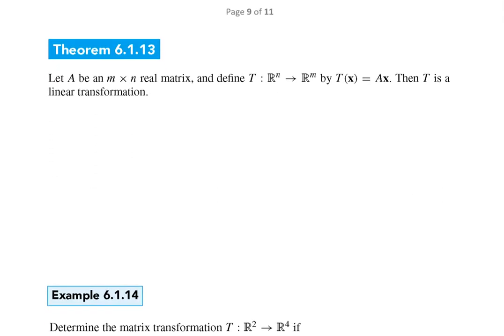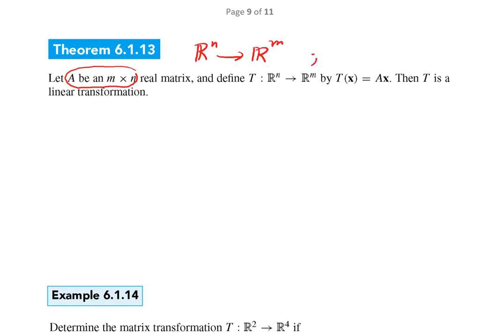Page number 9 has a theorem that says if you have a transformation from R n to R m, and notice that they mentioned a matrix now right here of real numbers.